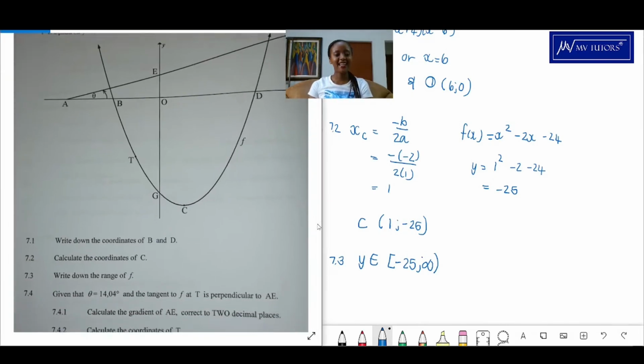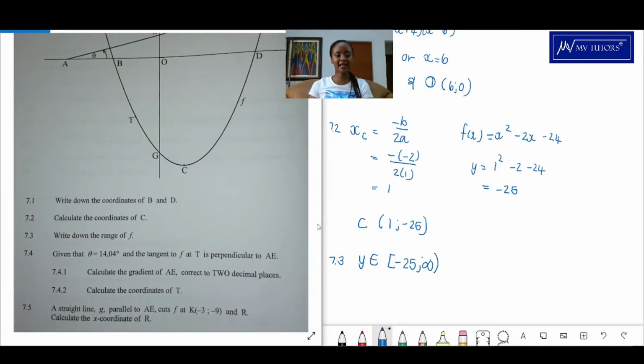Then 7.4: they give us the angle of inclination, which is 14,04 degrees, and they say the tangent to f at T is perpendicular to AE. Let's see what 7.4.1 requires from us.